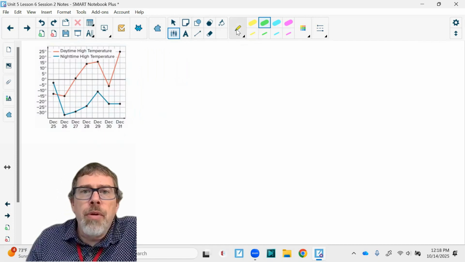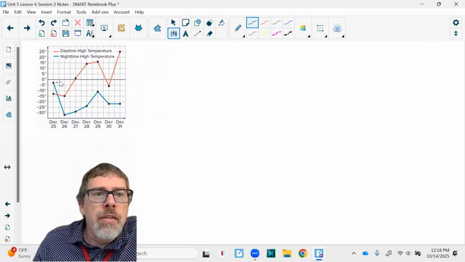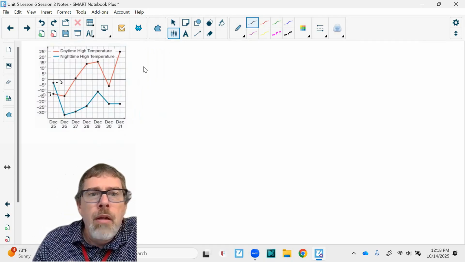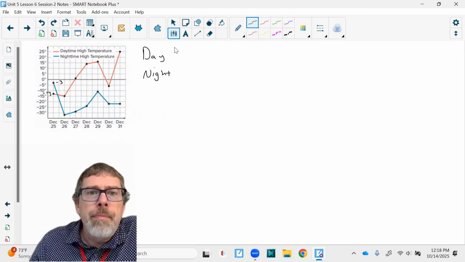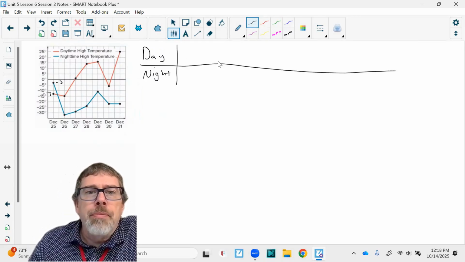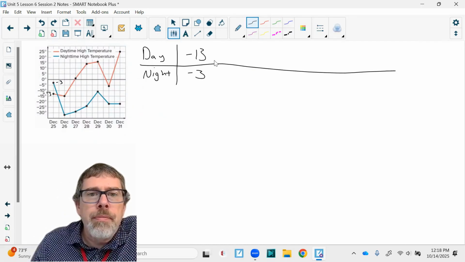What I'm going to do is take the difference between the high and the low. This looks like it's -3, and this looks like -13. So I'm going to put day on the top and night on the bottom, and do a table. In the daytime, the red, -13 on the 25th, and at night, it was -3.